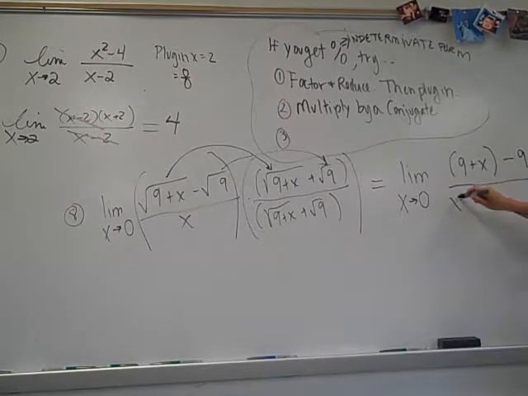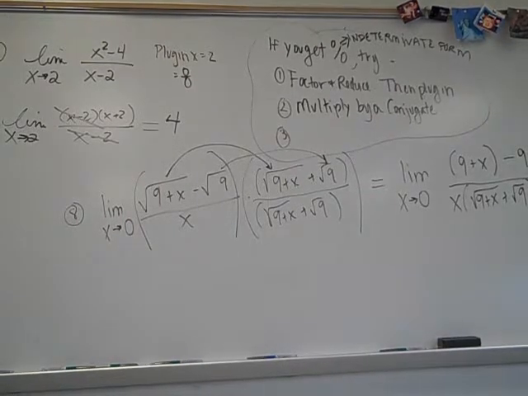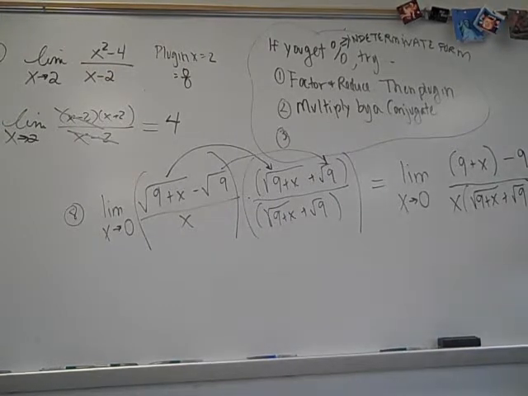Then on the bottom, you've got the whole thing again. Aren't you right back where you started? Yeah, how does that make it less complicated? Because on the top, the 9 minus the 9 cancel, and then the x over the x cancels.